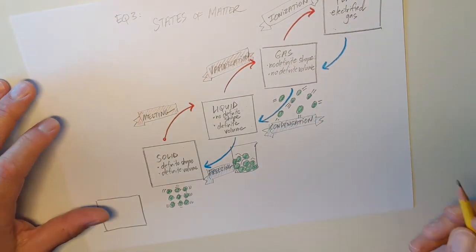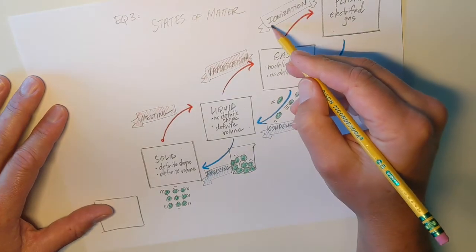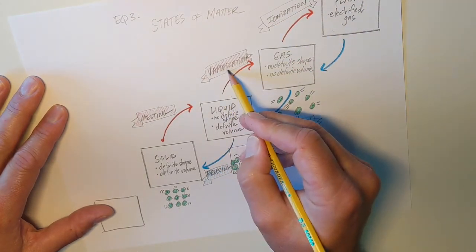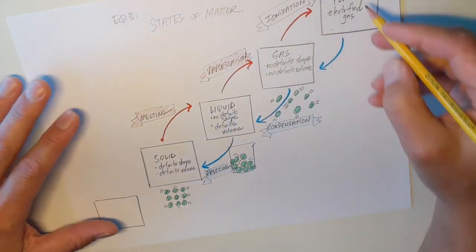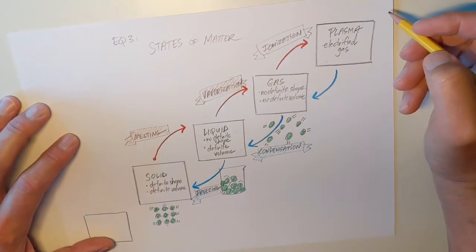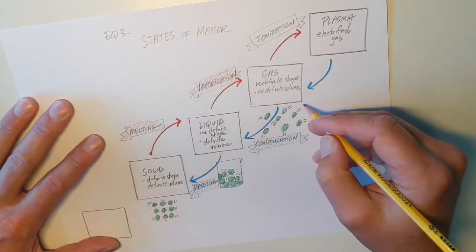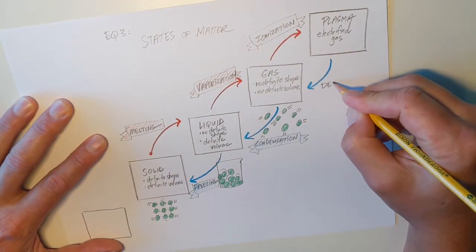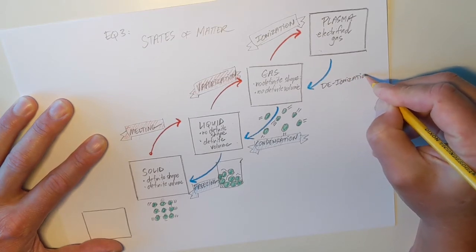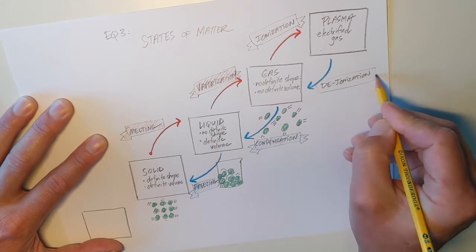That's called ionization. I-O-N is an ion. So ionization. Kind of like this is called vaporization. This is called ionization. And then the really fancy word for a plasma turning back down into a gas is called de-ionization. So if you want to add that.